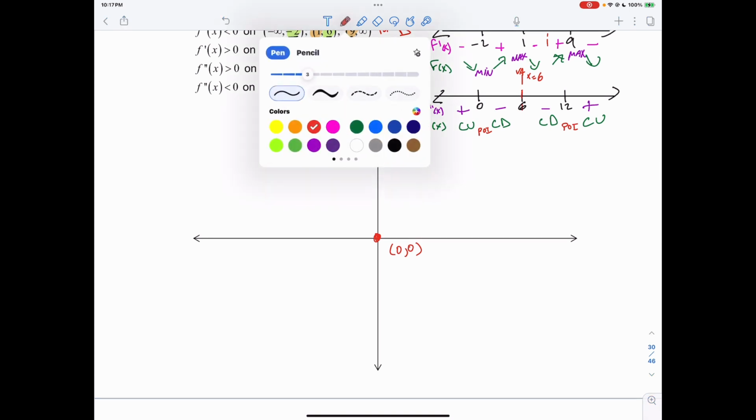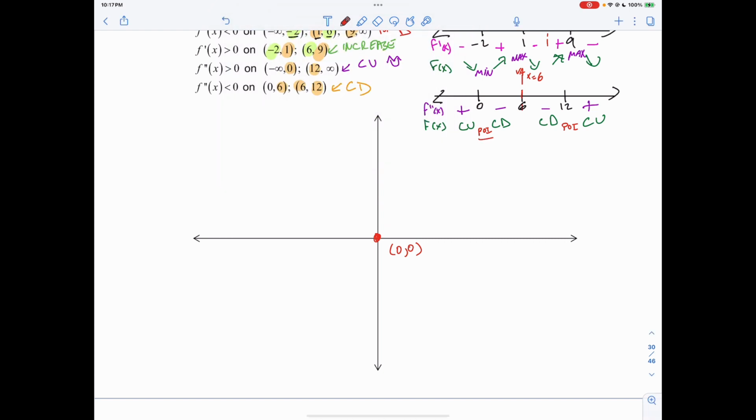So let's graph this out. We already have that point of 0, 0. We can see from here that that point of 0, 0 is going to be a point of inflection.